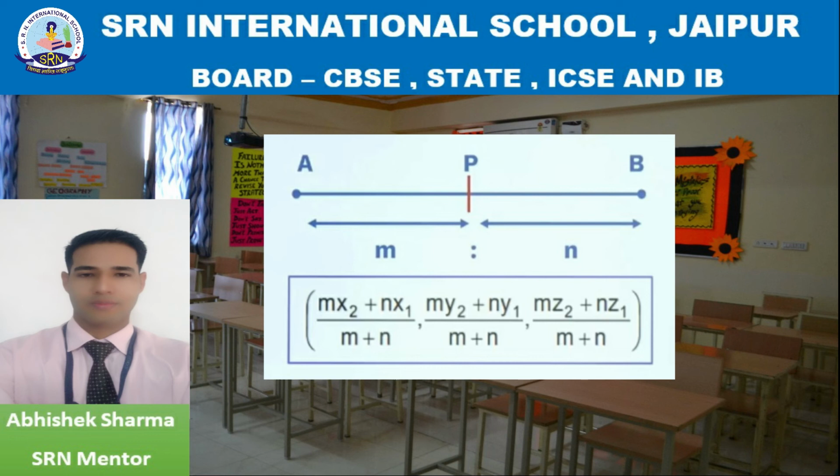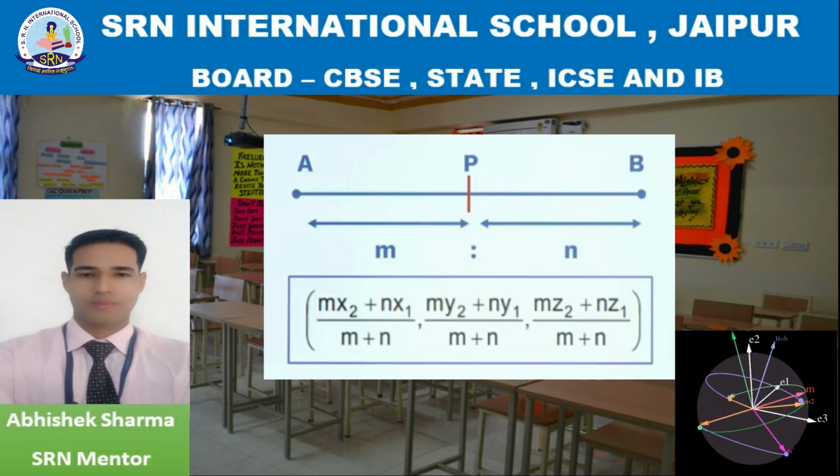By using the section formula, the x coordinate of point P can be calculated as (mx2 plus nx1) whole upon (m plus n). Similarly, the y coordinate of point P can be calculated by using the formula (my2 plus ny1) whole upon (m plus n). In exactly similar manner, we can calculate the z coordinate of the point P by using the formula (mz2 plus nz1) whole upon (m plus n).